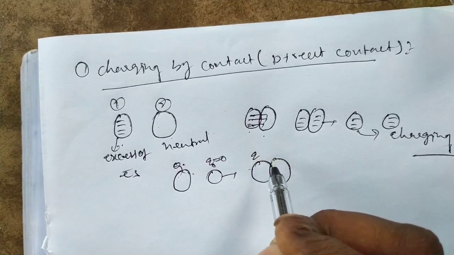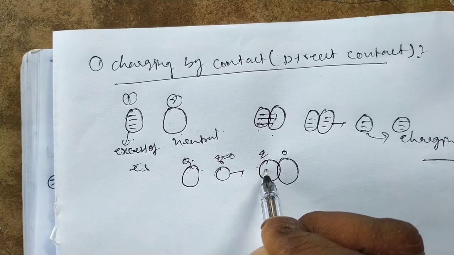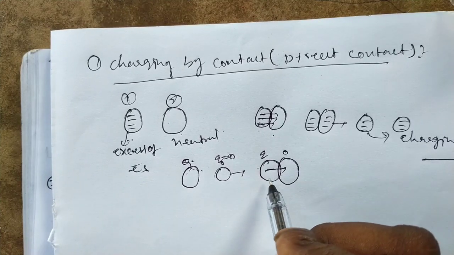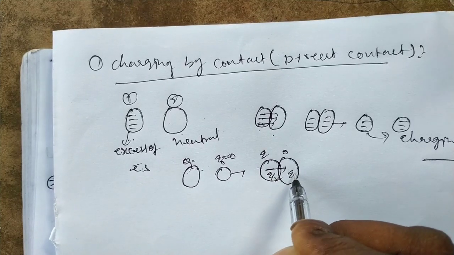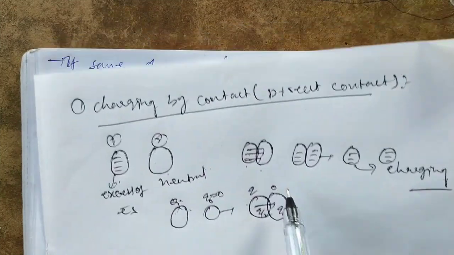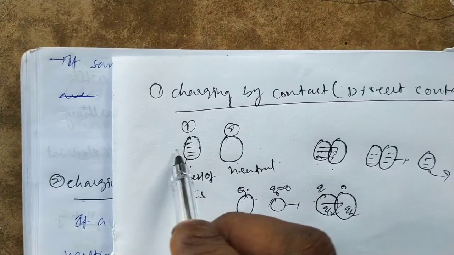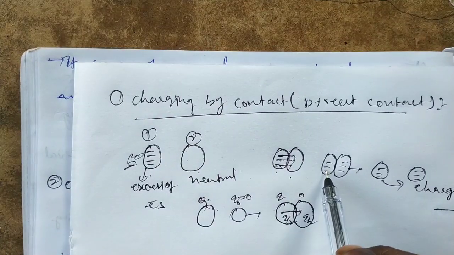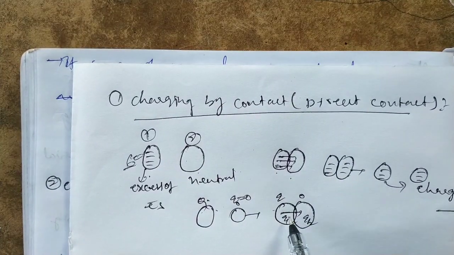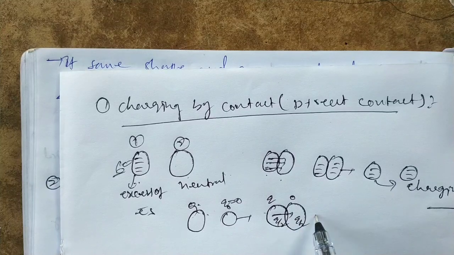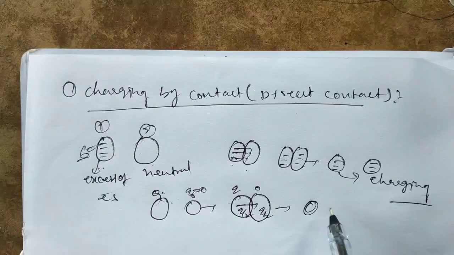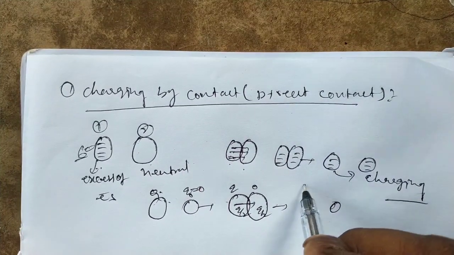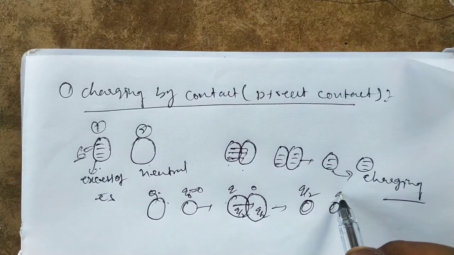Charge Q can be transferred, that is it can be divided into Q by 2 each. Here 6 electrons on one body can be shared so that 3 electrons go to the other. Q is divided into 2 parts, one body gets Q by 2 and another body gets Q by 2.